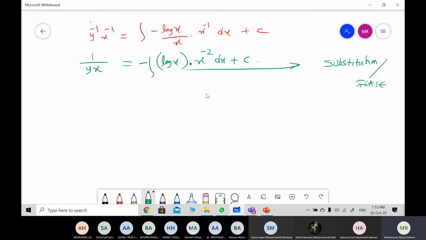Which is working now? If we take log x, then the derivative of log x is 1 over x. But 1 over x is repeating two times, no? This also creates a problem because of the minus. The derivative won't become 0.